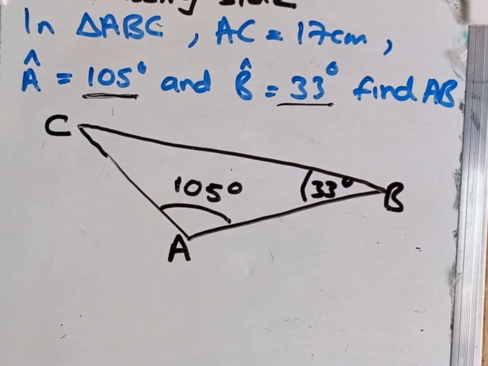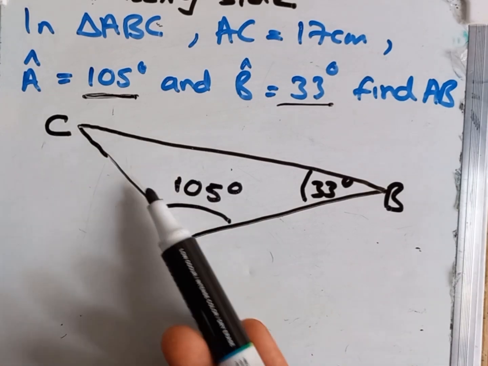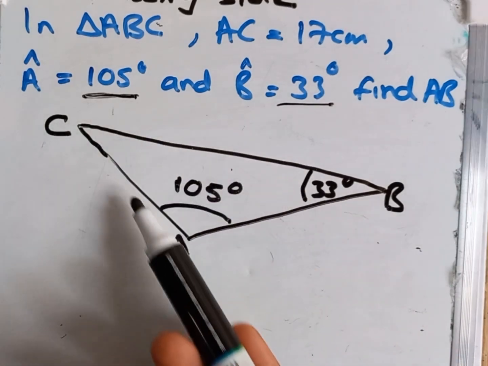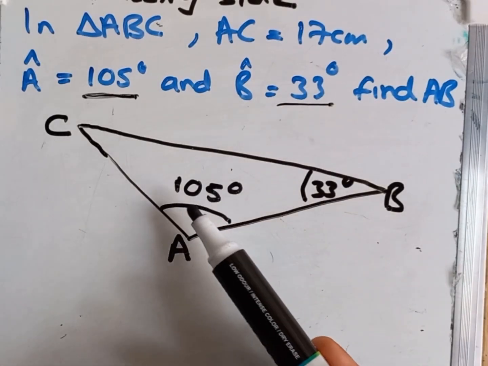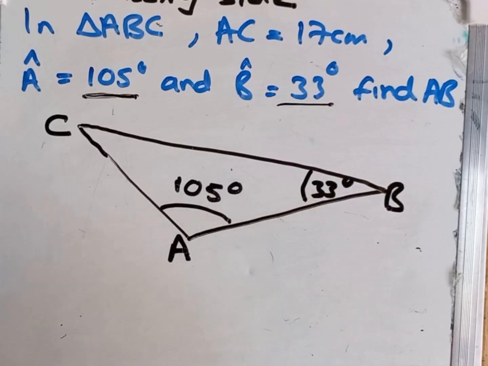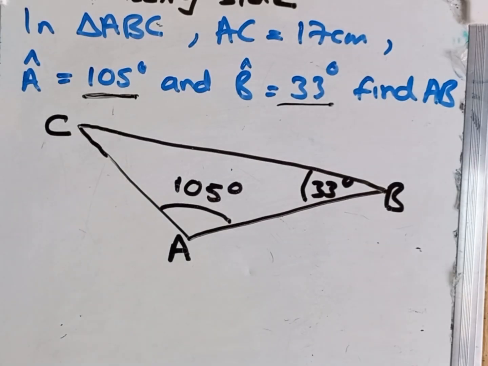We are not instructed to find C, so we don't mind about finding C. But if you wanted to find it, it's just the rule of a triangle that the angles in a triangle add up to 180 degrees. So it's 105 plus 33, subtracted from 180, to get this angle.